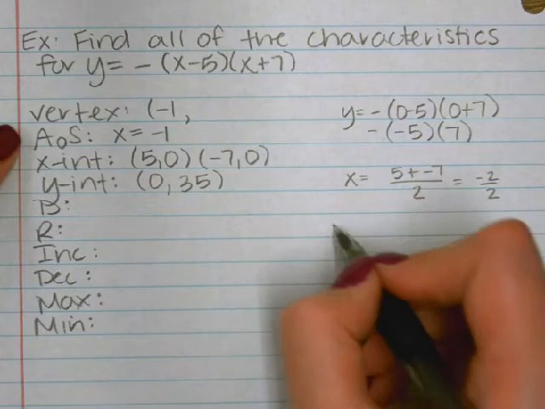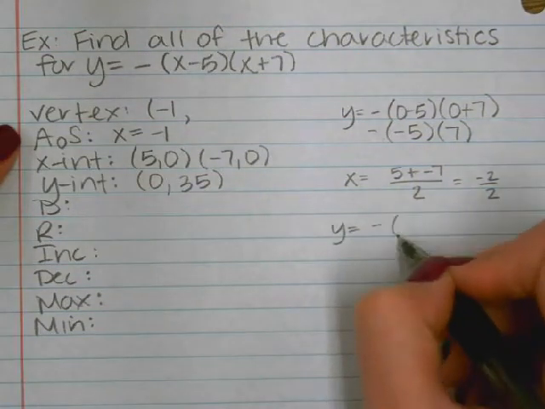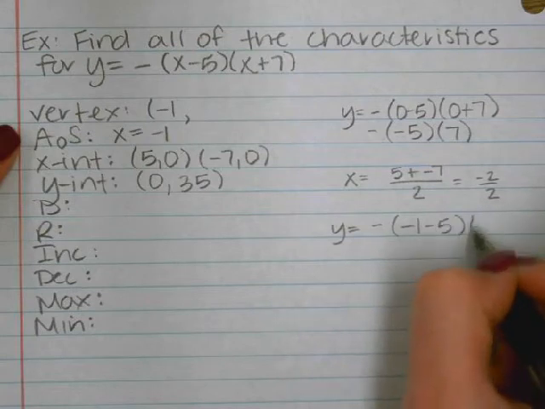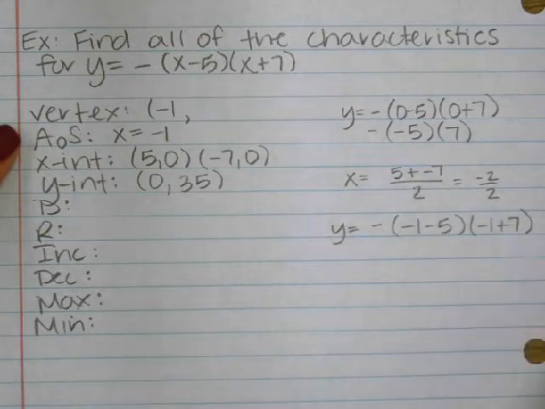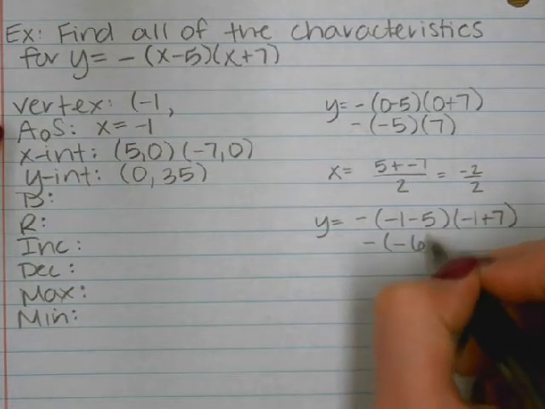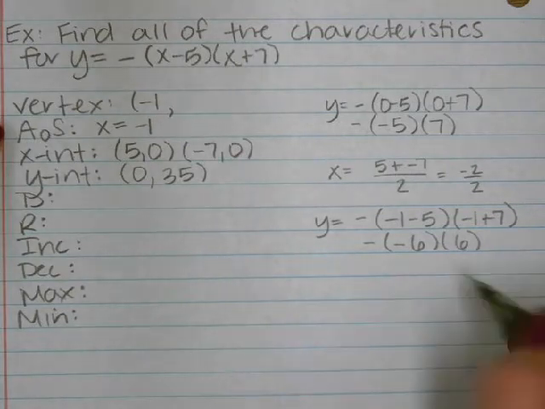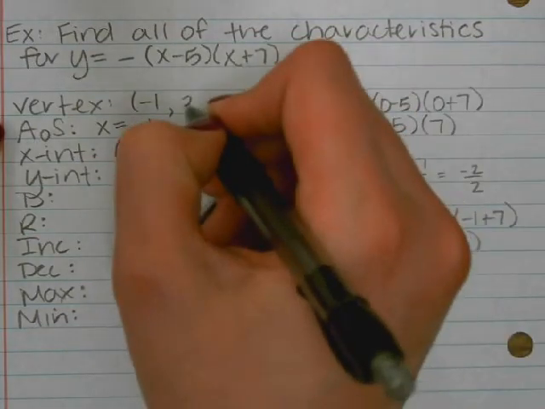And then for me to find the y-coordinate of my vertex, I'm going to plug in that -1. So -1 minus 5, -1 plus 7. So that gives me negative times -6 times +6, and that gives me +36.